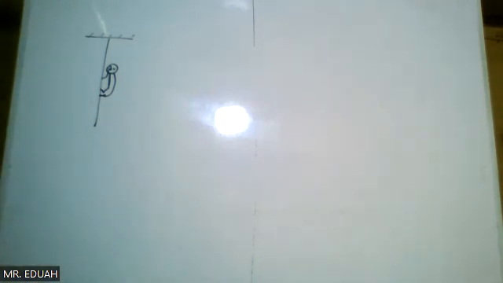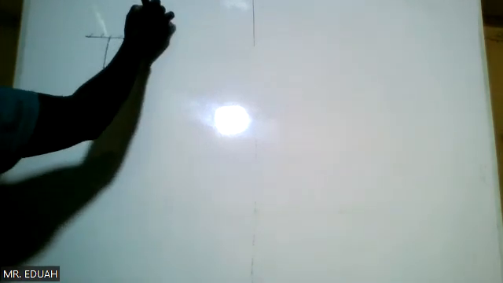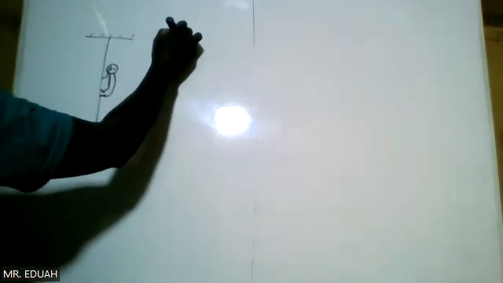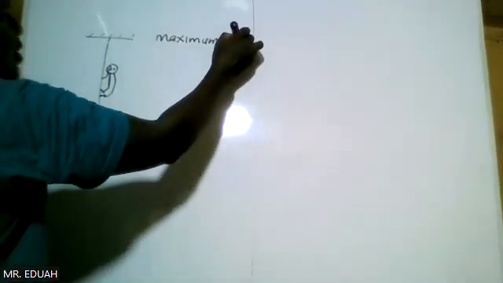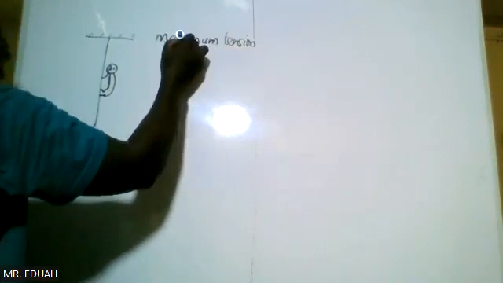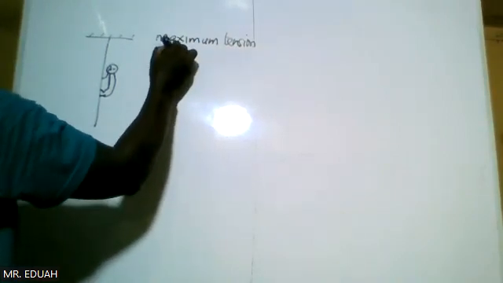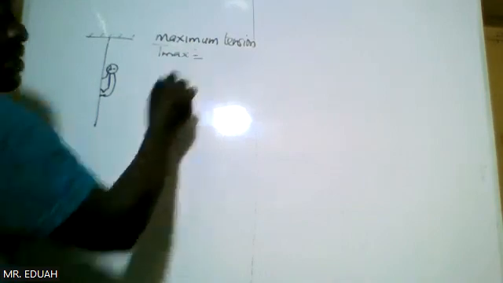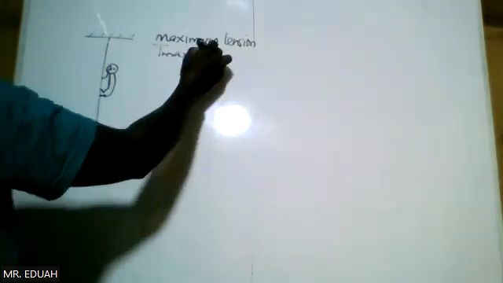We are told that the maximum tension in the rope, T max, is equal to 600 Newton.